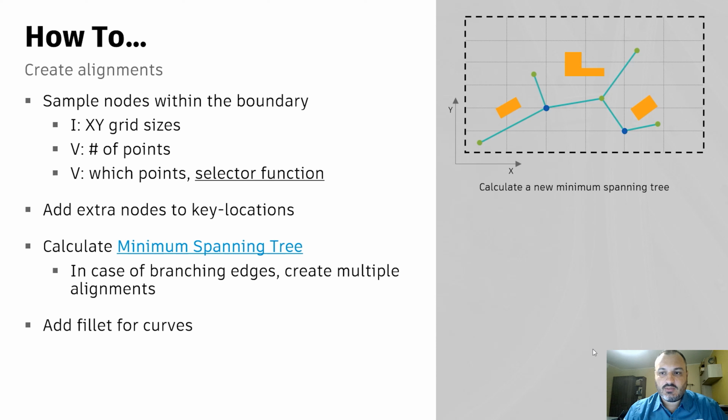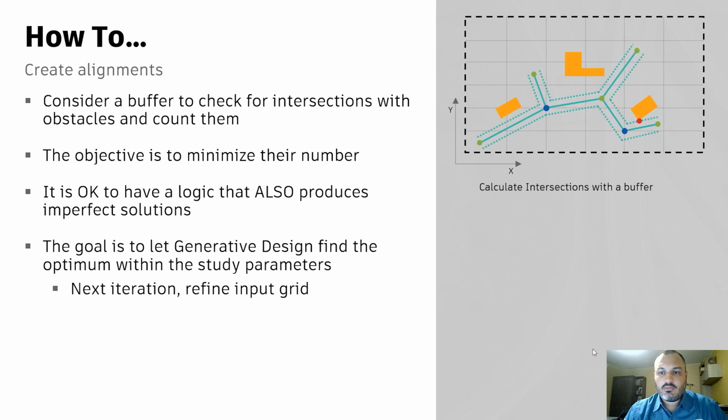So if we build it once again, we have something that will not intersect the existing buildings. And this is just a simplification of what can look like as a set of alignments in Civil 3D. We can even have more sophistication to create something more realistic, introducing a concept of buffer.